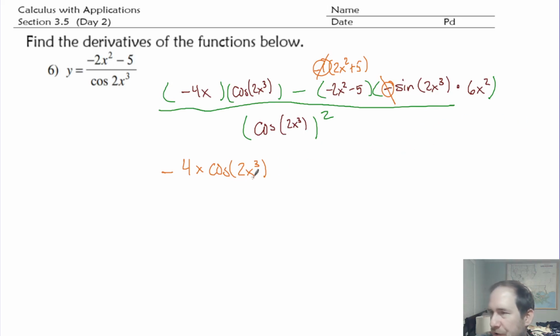So we're still subtracting, but it's a slightly simpler expression. We can just use the positives here. The 6x squared is going to come over, but we're subtracting the 6x squared times 2x squared plus 5 times the sine of 2x cubed.